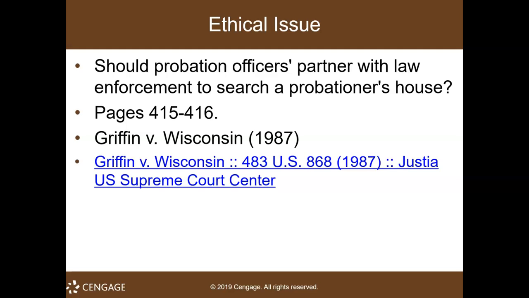As we have discussed many times previously, utilitarianism would weigh the costs and benefits of this particular practice. In this case, it seems as if the benefit of probation over prison for the offender outweighs the invasion of privacy.